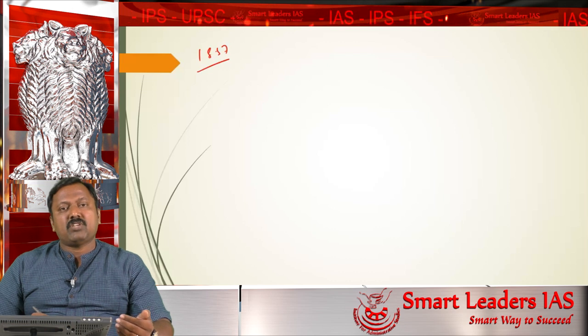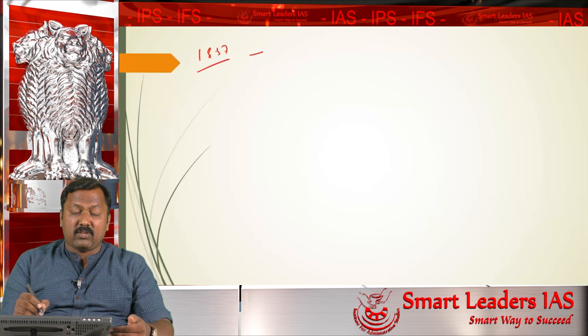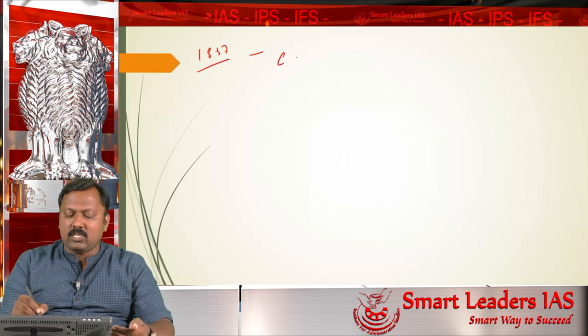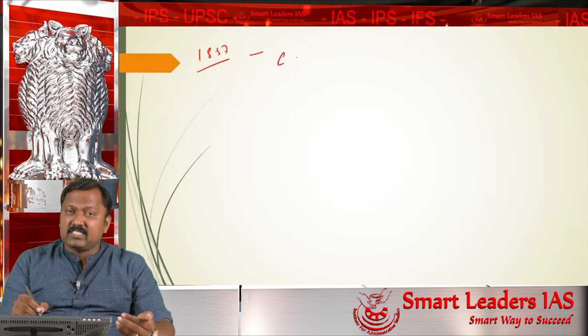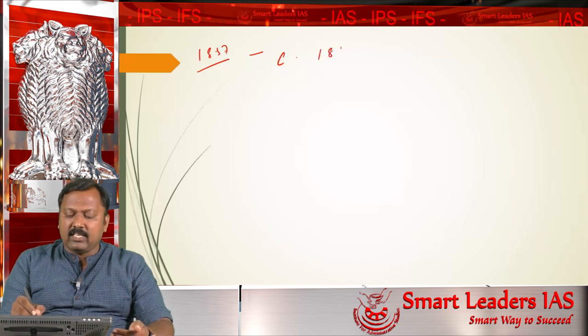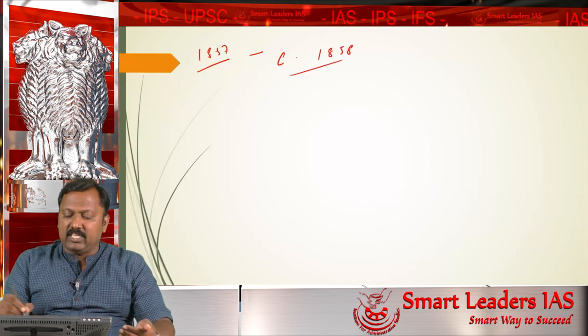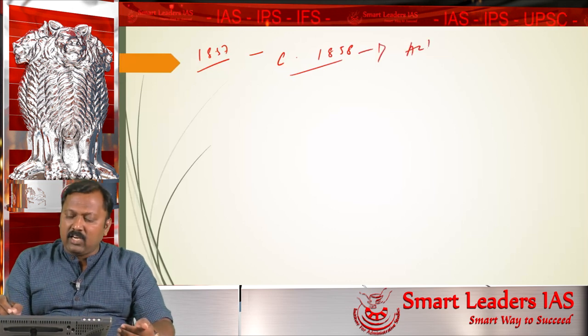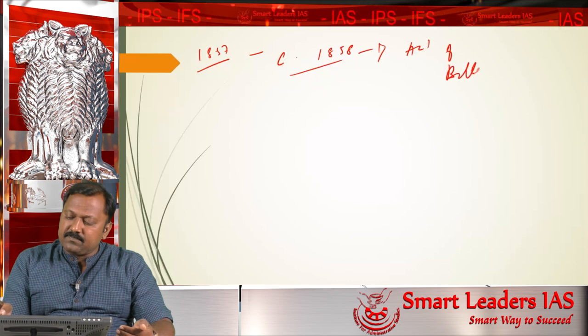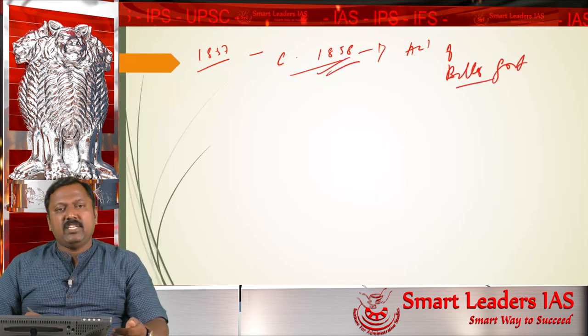Again, the British tried to create a new establishment in India, and these are referred to as changes introduced by the British after 1857. In the year 1858, they introduced these changes through the Act of 1858. This act is called the Act for Better Government, 1858.